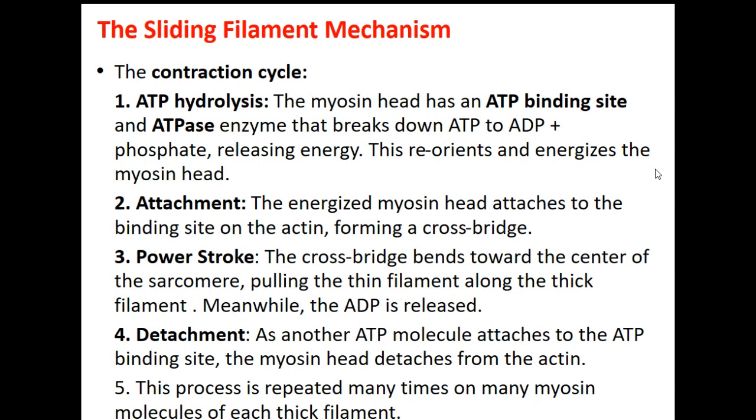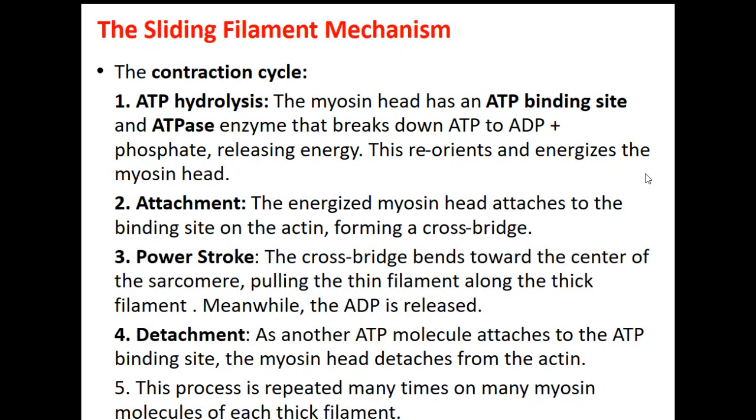In order for a cross bridge to detach from the actin binding site, an ATP molecule has to be there. It won't release until a new ATP molecule is there to cause it to release, straighten out again, and hook on again, and crank.